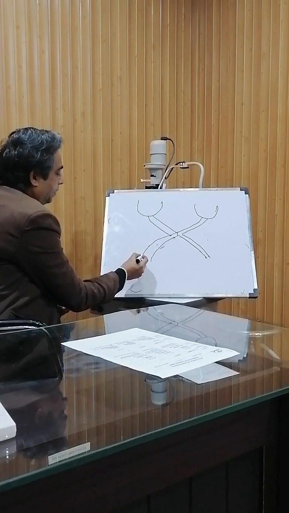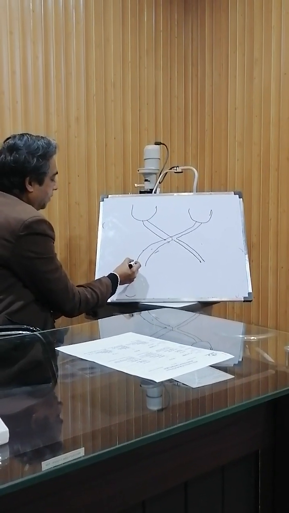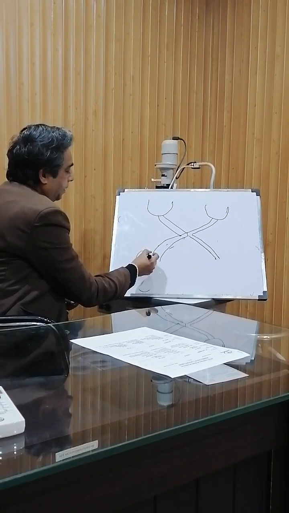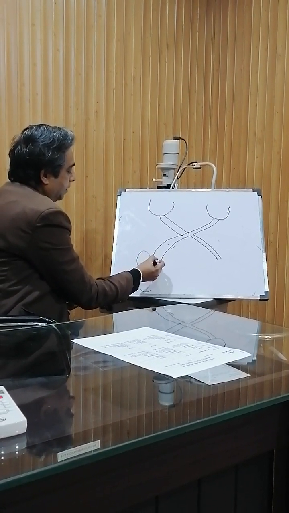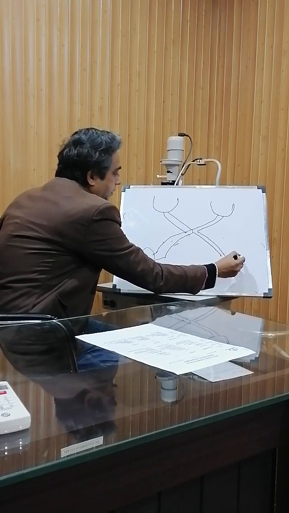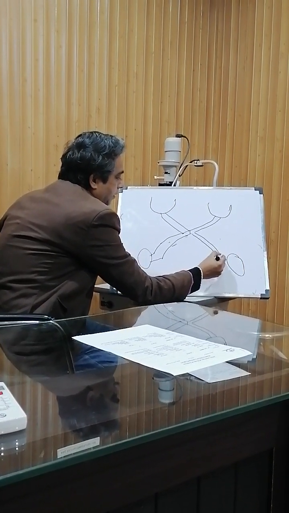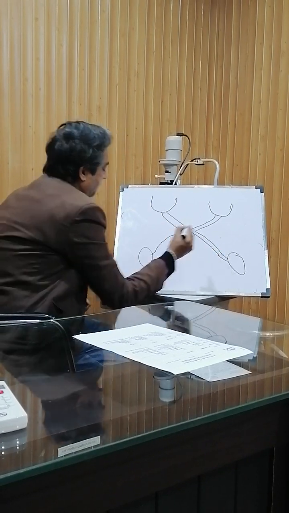After optic tracts comes the lateral geniculate body, and this optic tract goes into it. It is a schematic diagram. It is not exact anatomy.